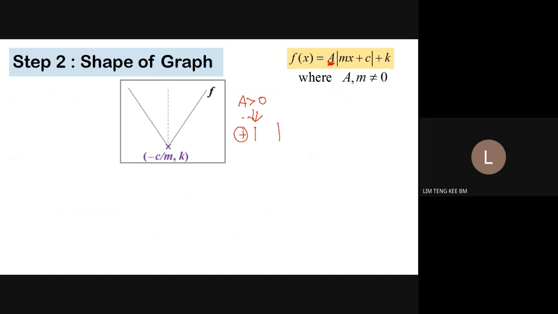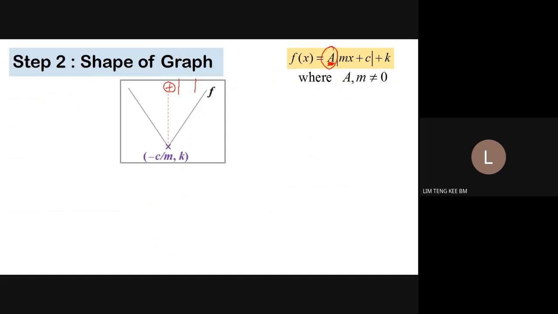To determine the shape of the modulus graph, we only focus on the sign of the modulus, which means I'm going to base it mainly on the sign of a to decide the answer. So this is the shape when I have a positive modulus.